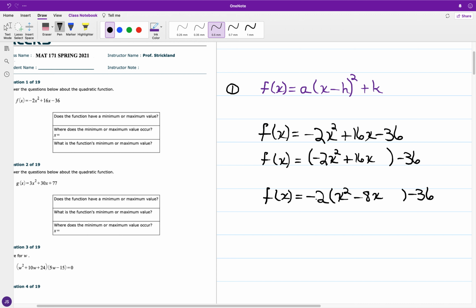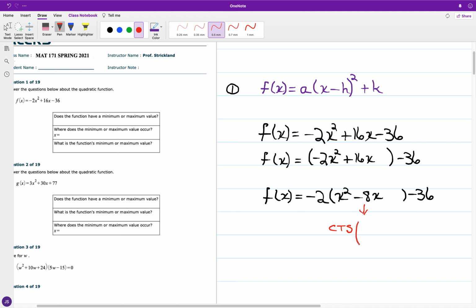And so I can double check here. I got negative 2x squared, negative 2 times negative 8x is a positive 16x, and again I have minus 36. So I have the first term in the parentheses at x squared, and I'm going to make a squared trinomial with what is inside the parentheses. So I'm entering the phase of the completion of the square.